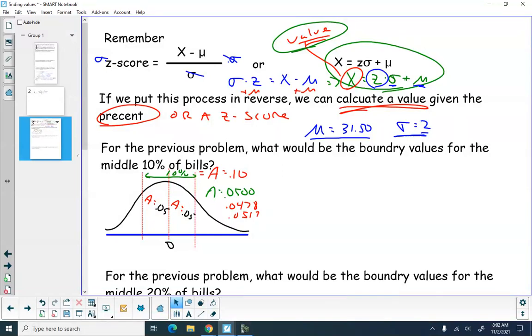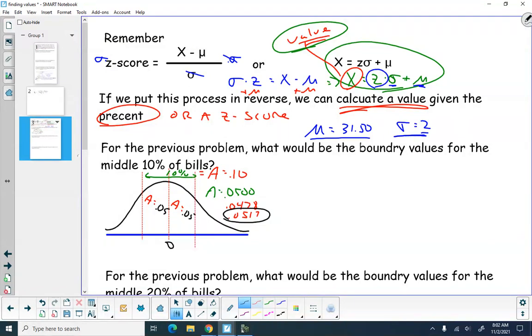Which one are we closer to? Are we closer to the 0.0478 or 0.0517, Justin? 0.0517. You can think about we're 17 away here. We're 22 away here. So we are closer to this value right here. So that's going to be the z-score that we're going to look at.